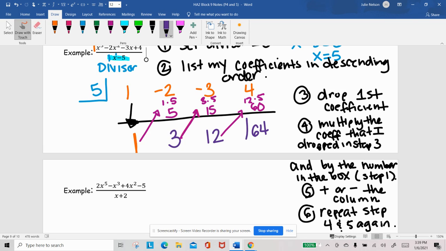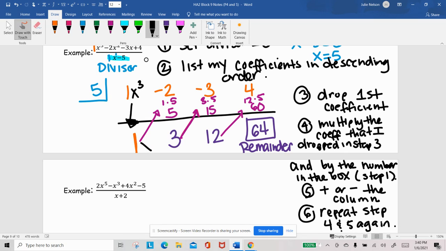Now, the very last number is always your remainder. And the 1, the 3, and the 12 in front of it represent the new leading coefficients to your quotient, your answer. This orange one on top represented x cubed.